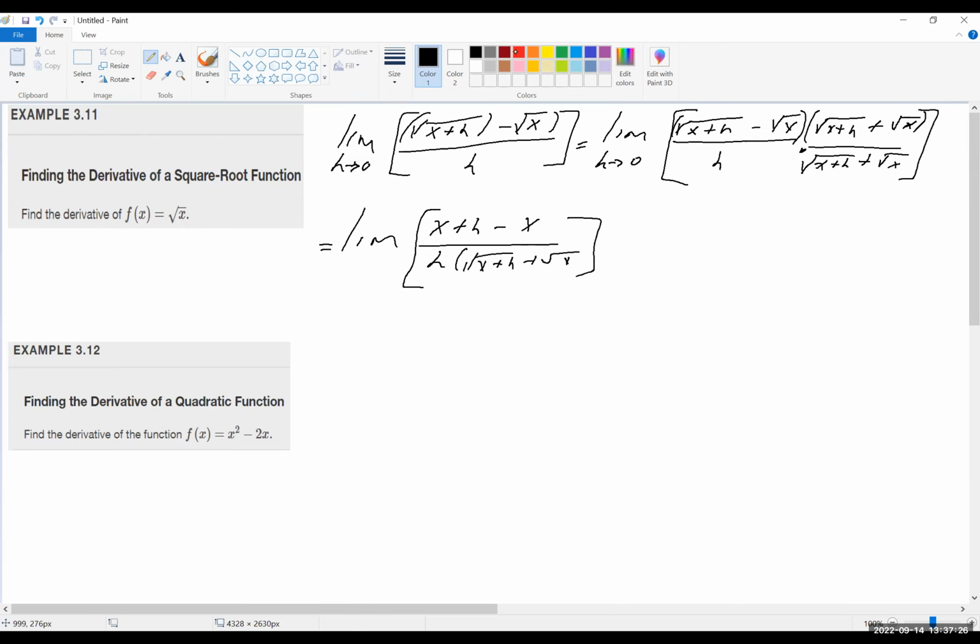And I think you start seeing then that those x's cancel out. And then additionally, those h's are going to cancel out. And let me just make sure that I'm leaving h approaches 0. And so I'm left with the limit.